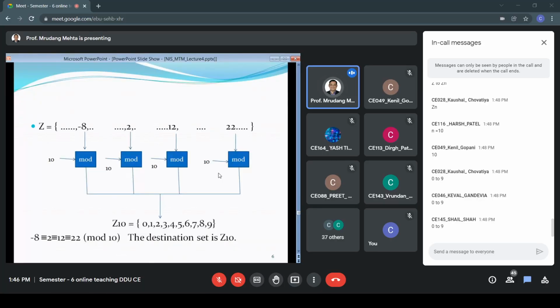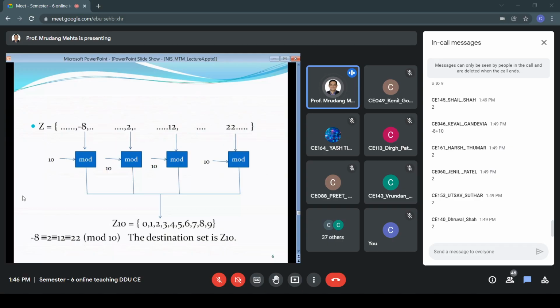Now, if you look at this slide, here these different numbers from Z are taken, -8 to 12, 22. And these square boxes are performing the mod operation. And you perform mod 10, okay? So you have input -8 and another input 10. So -8 mod 10. What is the answer of -8 mod 10? 2, right?